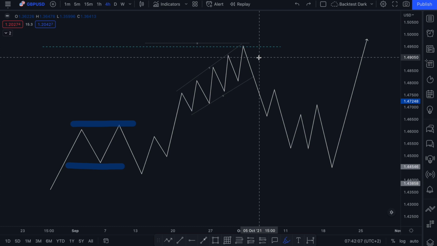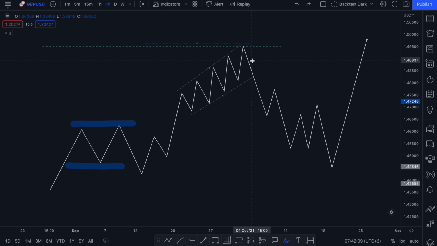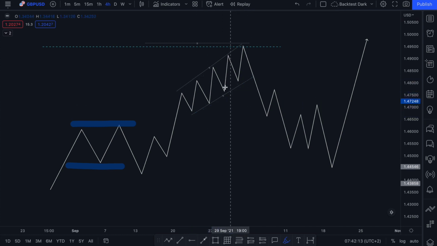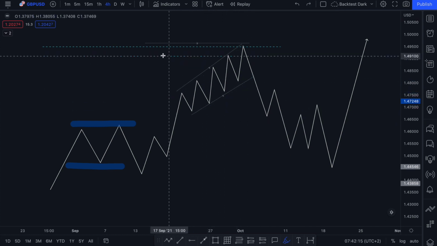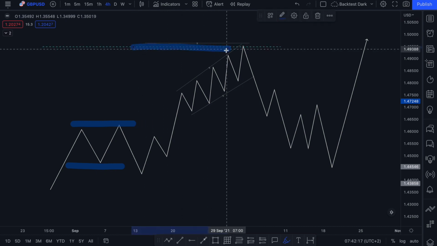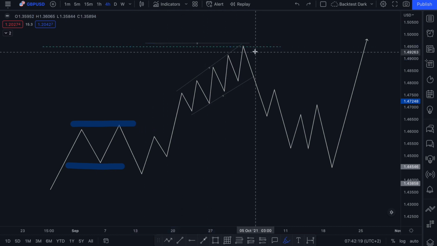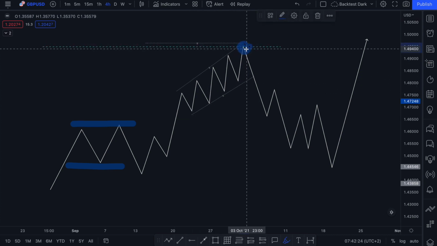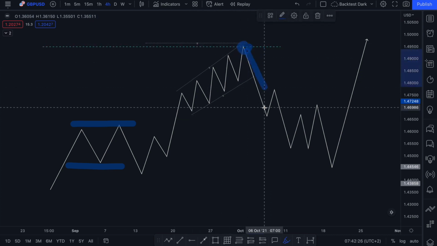Now before we go any further, notice how your trend line traders would have been making money in this scenario. Notice how your resistance traders would have been making some money, and then your pattern traders would have been making some money in this scenario.